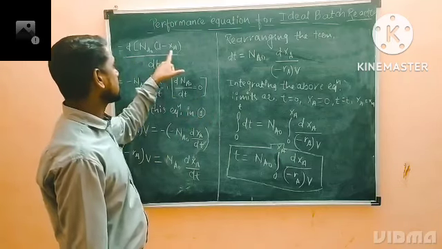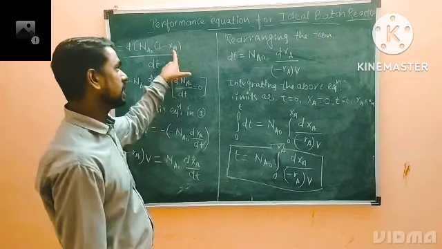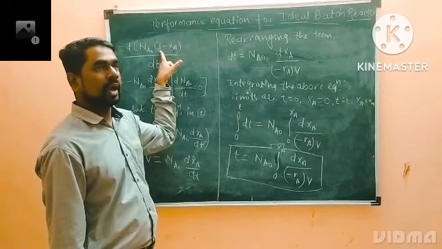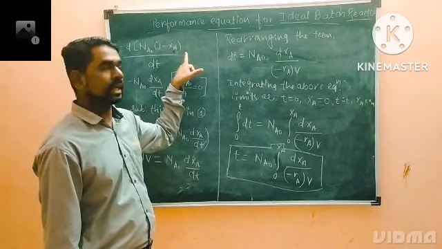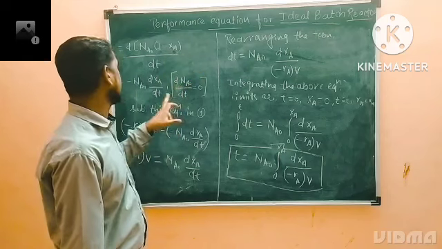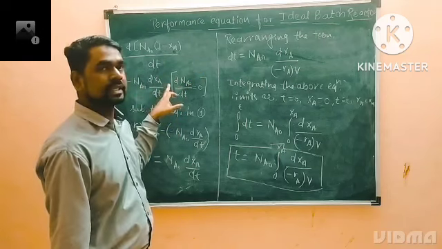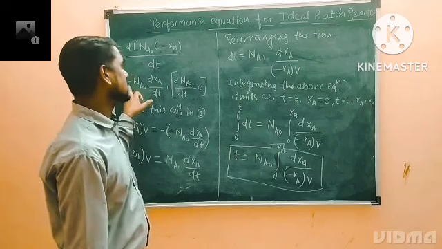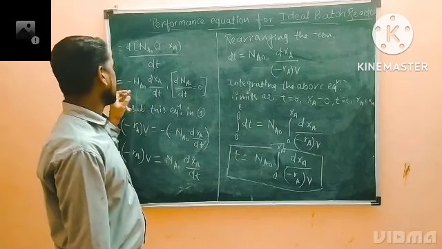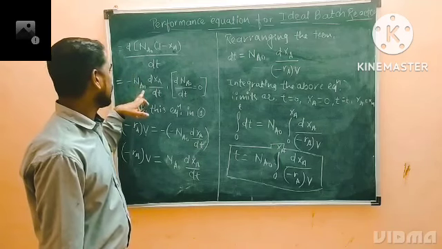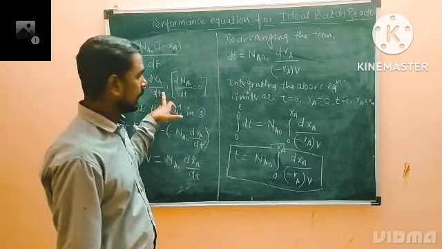But (1 minus Xa) gets differentiated: 1 remains 0, and the differentiated term of minus Xa is minus dXa. Taking the minus sign to the left-hand side, the equation becomes NA0 dXa upon dt.